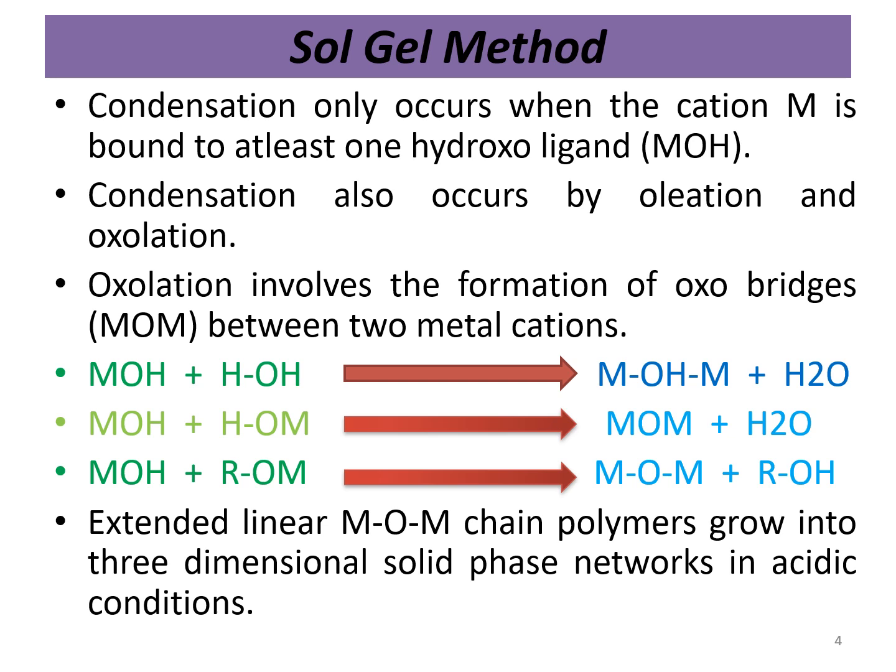Extended linear metal oxide metal chain polymers grow into three-dimensional solid phase networks in acidic conditions. So in acidic conditions, we obtain metal oxide metal chain polymers having three-dimensional solid phase networks.